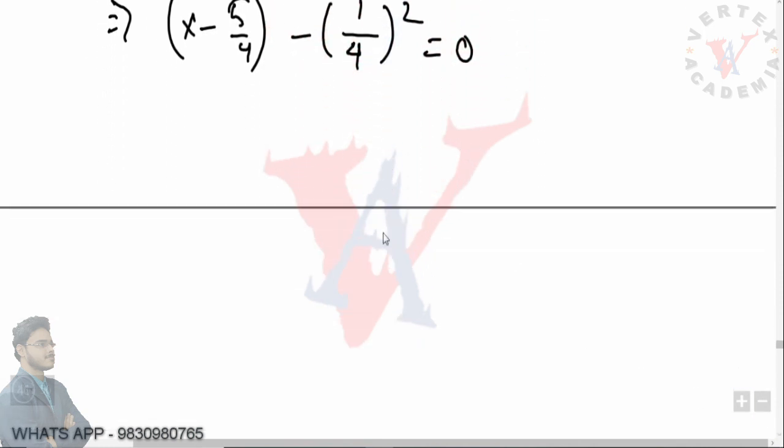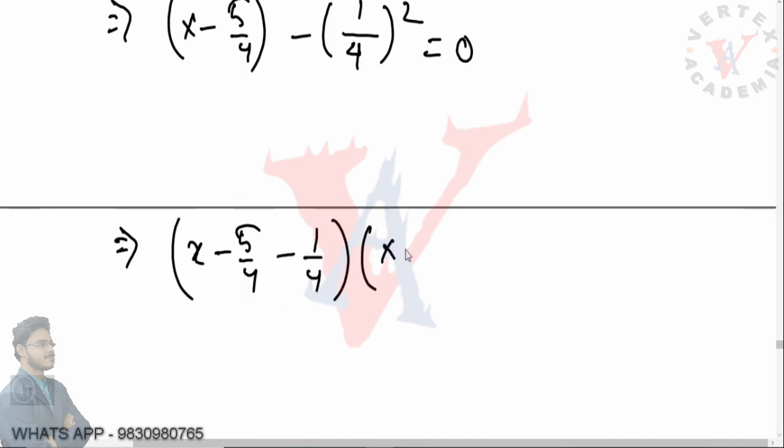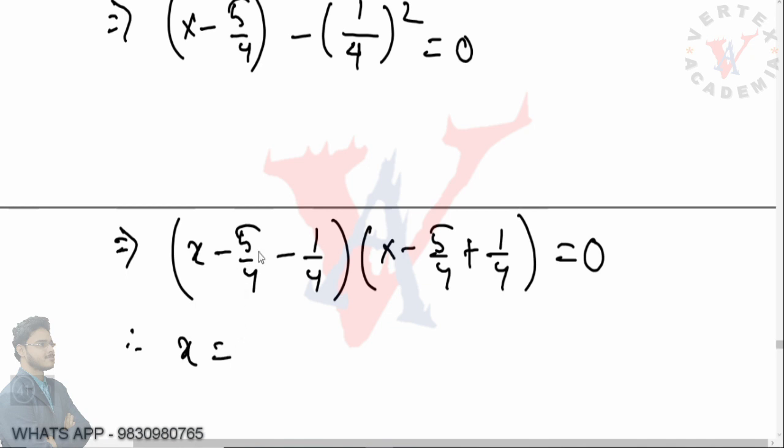So now finally it implies x minus 5 by 4 minus 1 by 4 into x minus 5 by 4 plus 1 by 4 equals 0. So therefore x equals 5 plus 1, 6 by 4, so 3 by 2, or x equals 5 minus 1, that is 4 by 4, or x equals 1.